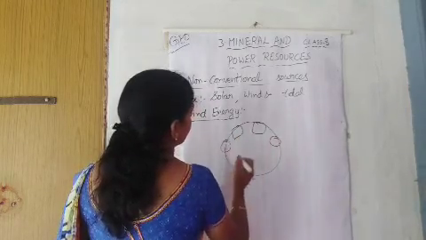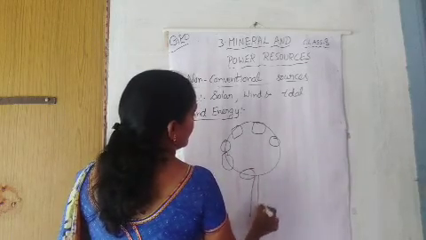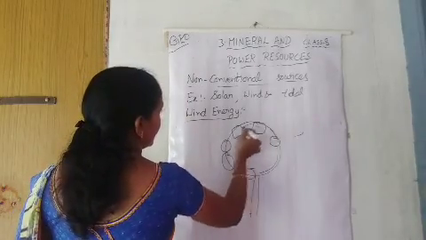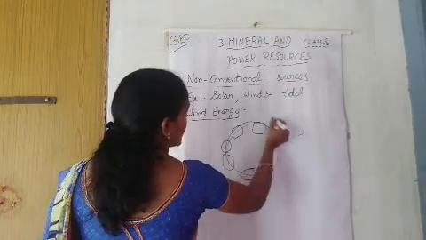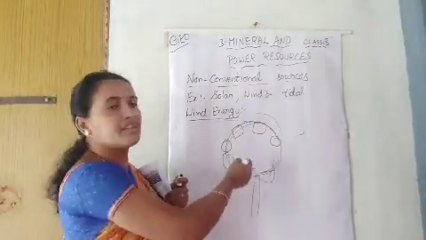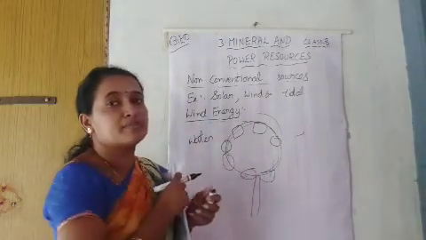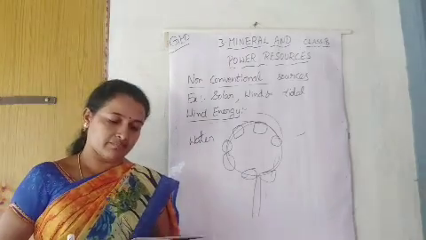So when the wind comes, the wheel moves and it will take water, and then water will come and we will use this water. Many are using these mills for water purpose from olden days.